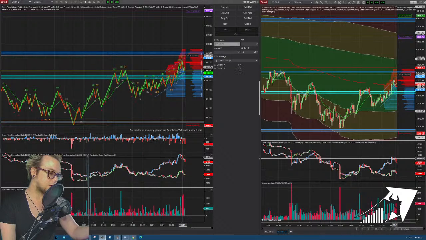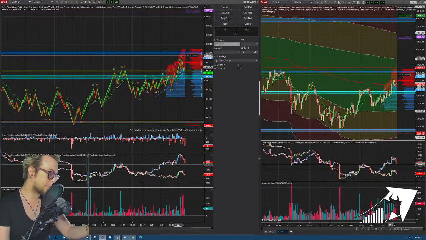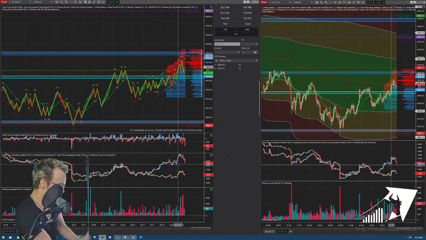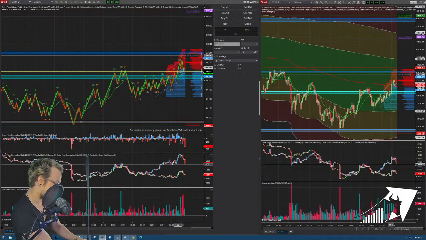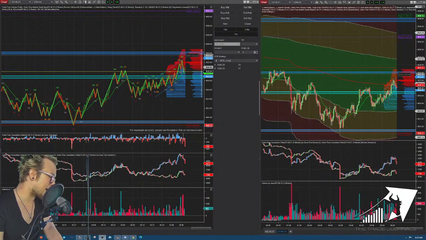So there's a lot of limit orders at this level on the long side. Sorry about that, bear with me. So yeah, that might infer we'll get a bounce.